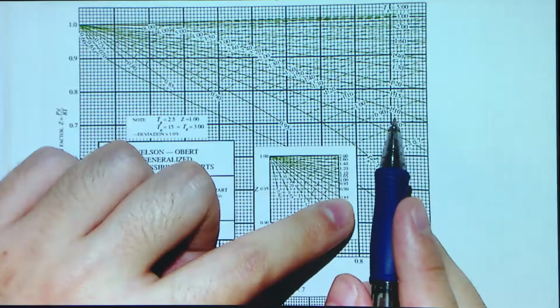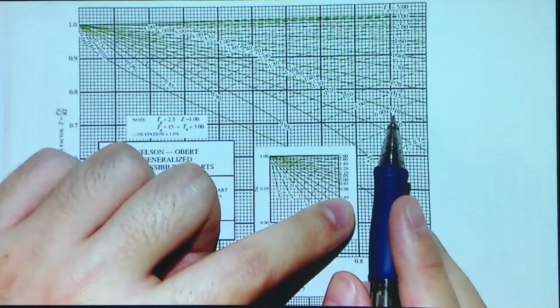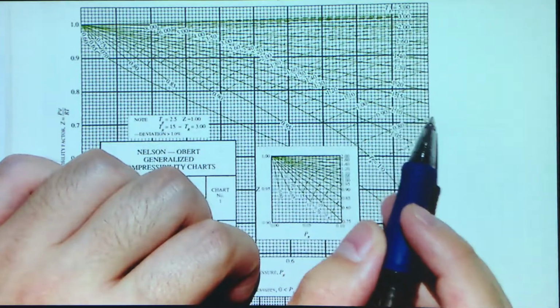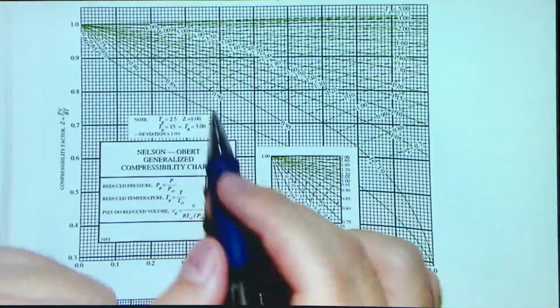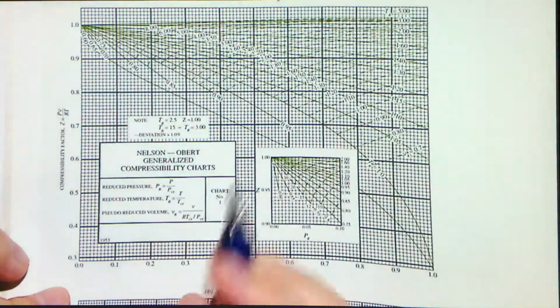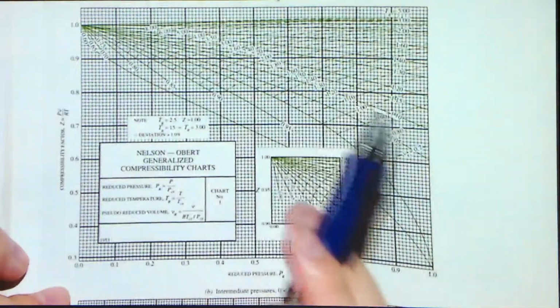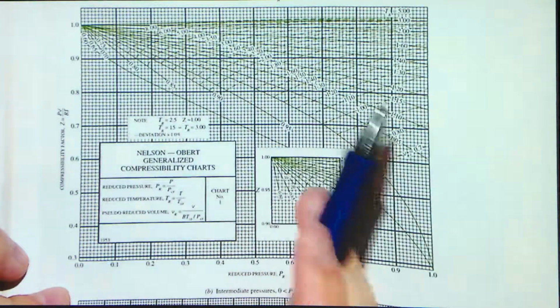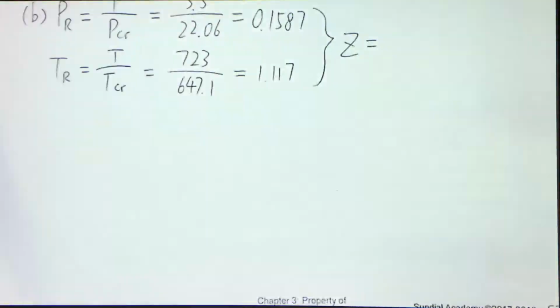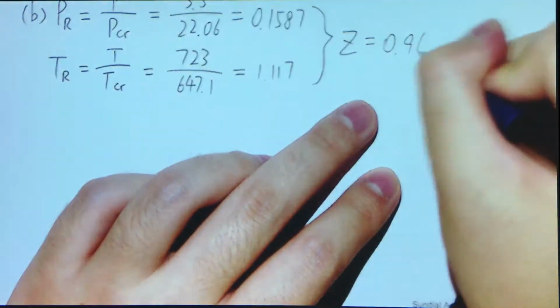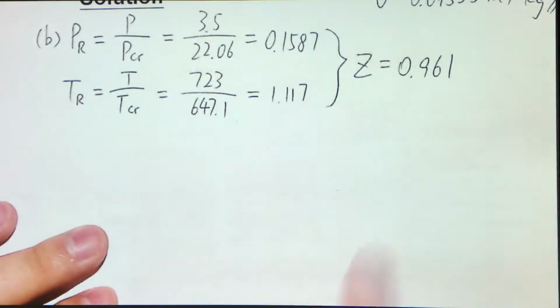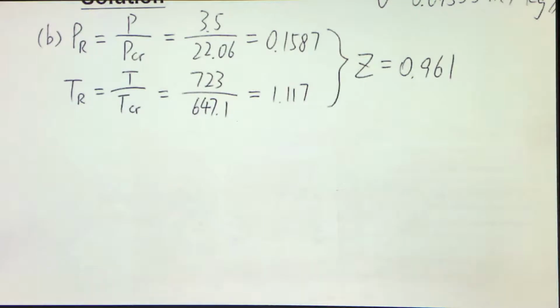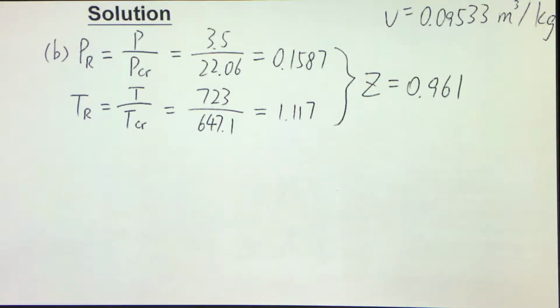Because our value is 1.117, we have a curve that lies between these. You just check 0.16 as well as this intermediate, imaginary curve, and you will see that it's about 0.961. You may get just 0.96. That's fine, as long as you do not pick a number with very much error, for example Z equal to 0.5.